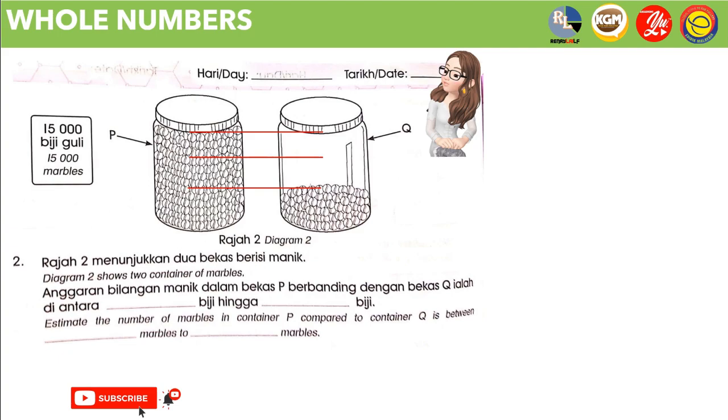Let's look at this question. It's on estimation again. Look at container P and look at container Q. Diagram 2 shows 2 containers of marbles. Estimate the number of marbles in container P compared to container Q, between how many marbles to how many marbles. If you want to compare, let's look at container Q. Container Q is actually almost 1/3 of what is in container P. So if you want to find 1/3, 15,000 divided by 3 is actually 5,000 marbles.